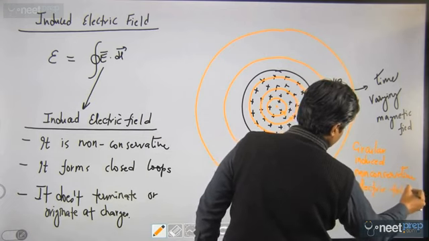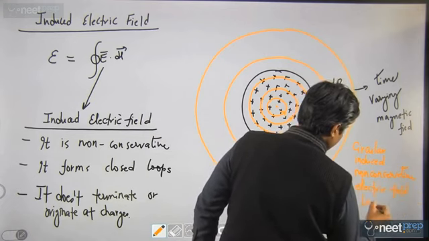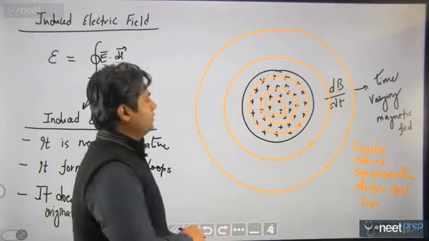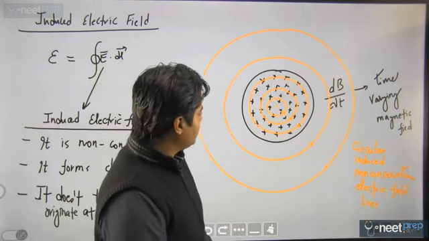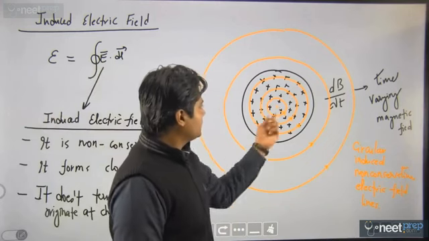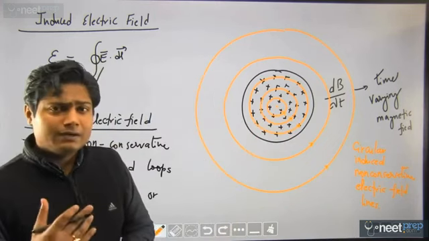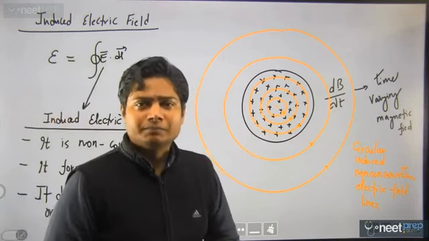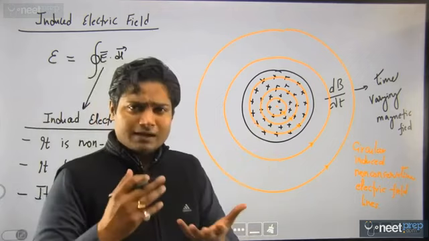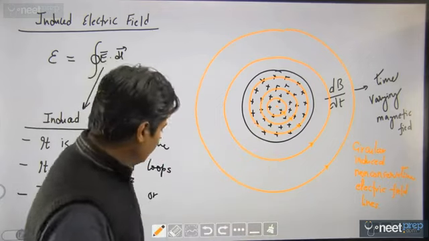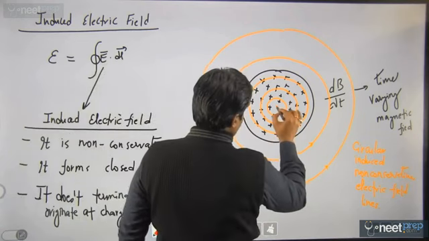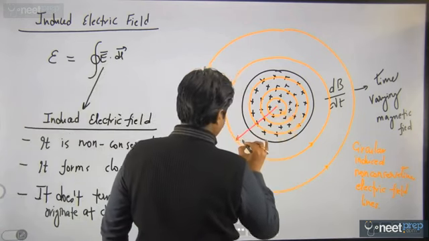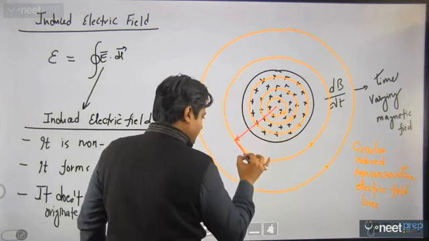You can see these are concentric in nature, and also symmetric about this variation in magnetic field. We can determine the values of electric field as well, because electric field lines represent the direction and magnitude of electric field.